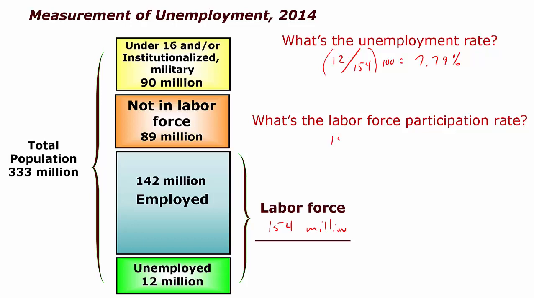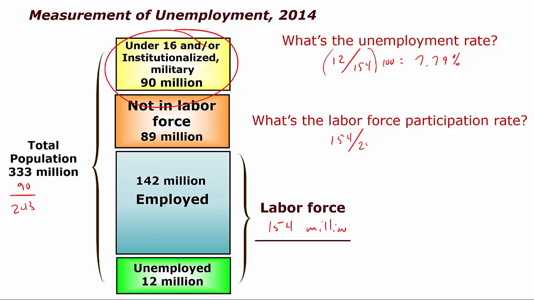Okay? The labor force participation rate is going to be the 154 million that are part of the labor force divided by the relevant population, which is the total population, minus this 90 million that are under 16 or institutionalized or in the military. So we're going to subtract 90 from the total population, so we get 243 million.